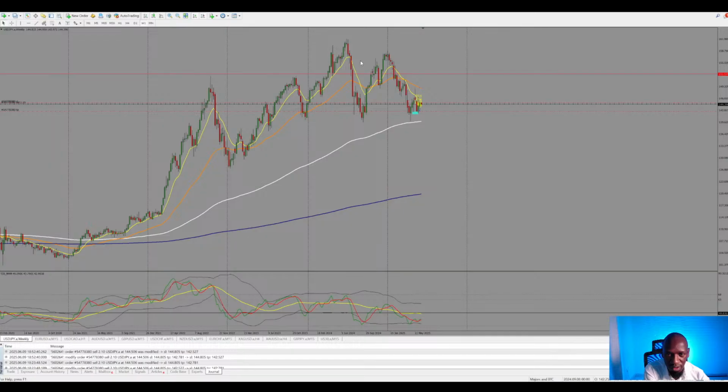According to this chart, we have been forming higher highs and higher lows, higher highs, higher lows, higher highs, and then this almost looked like a break in structure, only for us to go back and start forming higher highs again. Now we are back to this area, where price heads up and retests this high.